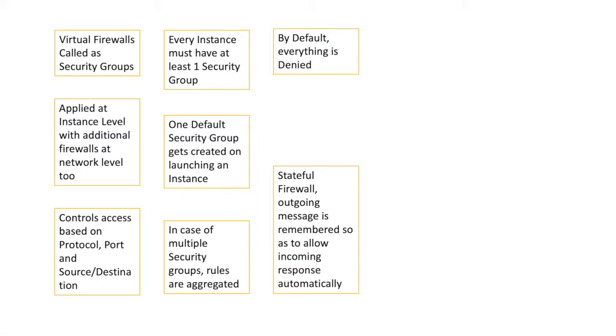So if a response to that particular message is received, irrespective of whether you have defined a rule to allow this message specifically or not, because of the stateful nature of the security group, it is going to allow the corresponding response message, the incoming message. So if you have an outgoing message, the corresponding incoming message would be allowed because of the stateful nature.